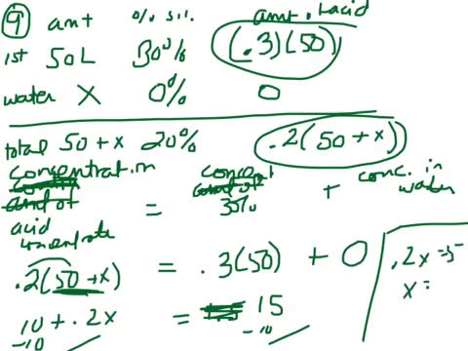X equals 5 divided by 0.2. X equals 25. Okay, so I would need to add 25 liters of water in order to water down that 30% solution to a 20% solution. There we go. So many numbers here.